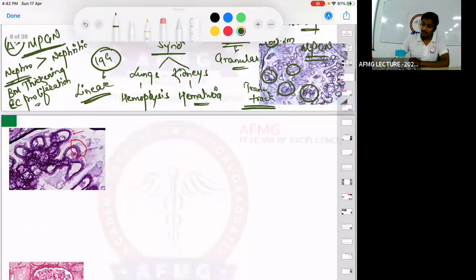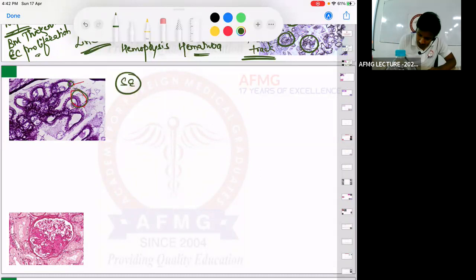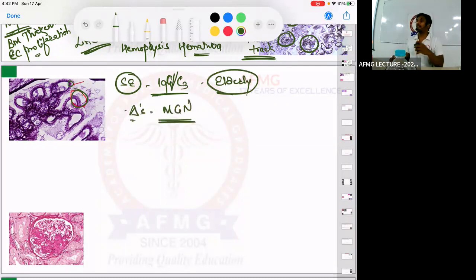Important. Next, talking about this condition where you have subepithelial deposits. Here you can see there are subepithelial deposits. These subepithelial deposits are IgG and C3 type. So IgG and C3 deposits in an elderly patient are suggestive of membranous glomerulonephritis.